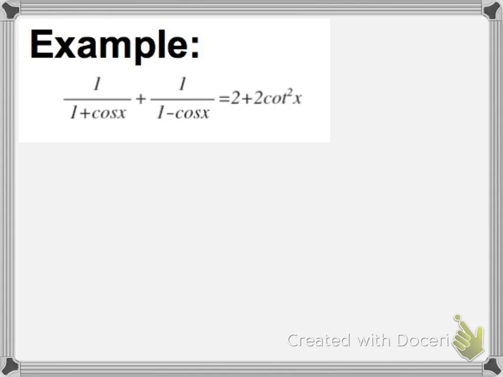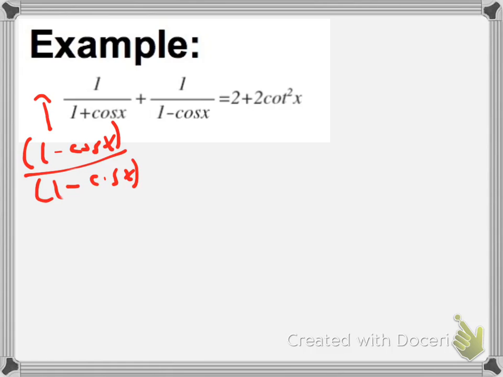And so the common denominator on this one is going to be the product of those two denominators. So right here I'm going to multiply by the other denominator, so 1 minus cosine of x over 1 minus cosine of x. And on this one I'm going to multiply by 1 plus cosine of x over 1 plus cosine of x.